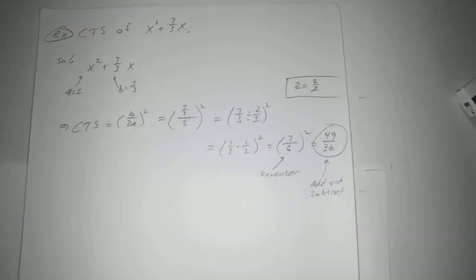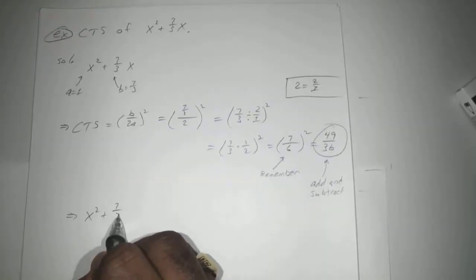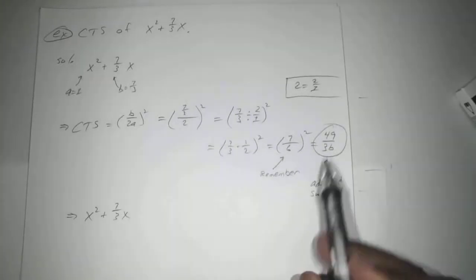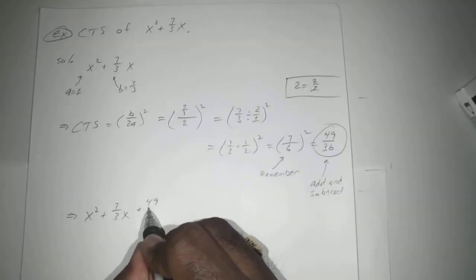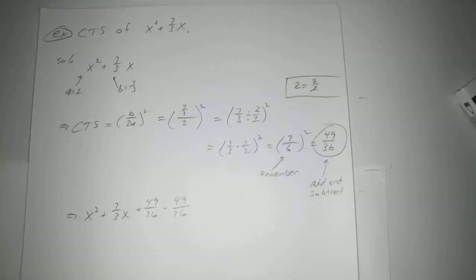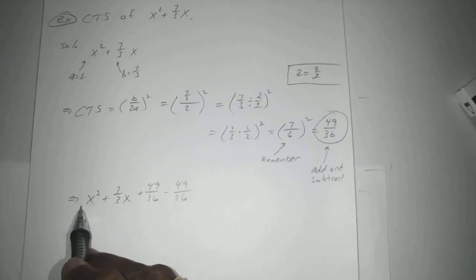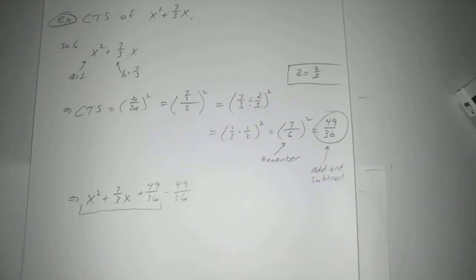So we have x squared plus 7 over 3 x plus 49 over 36 minus 49 over 36. Really we're just looking for our perfect square trinomial.